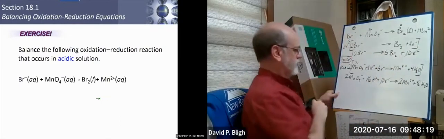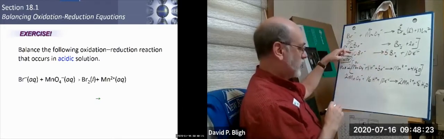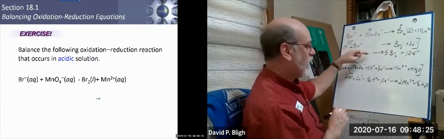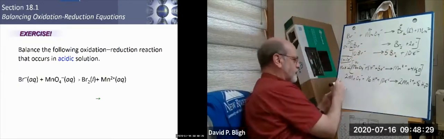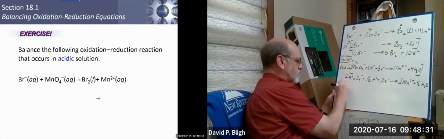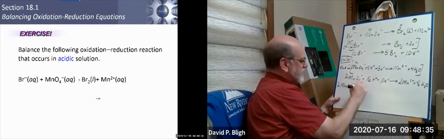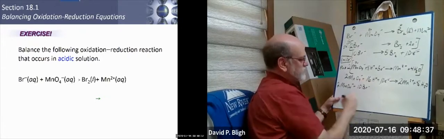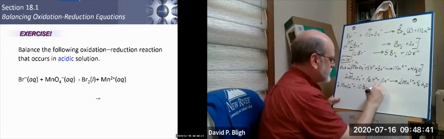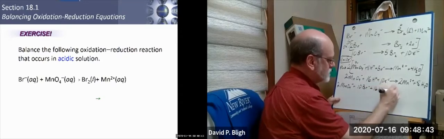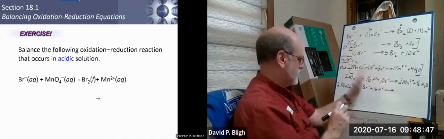We've got no hydrogens and no waters up here, so everything comes down. 2 permanganates, 10 bromides, 16 hydrogens. Okay. Takes care of this side.